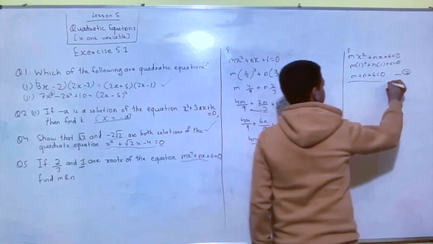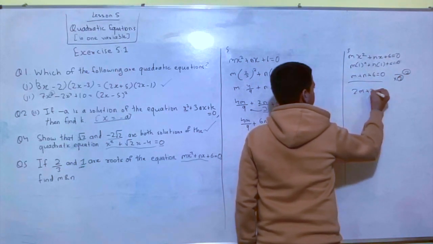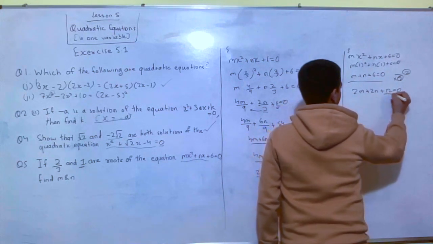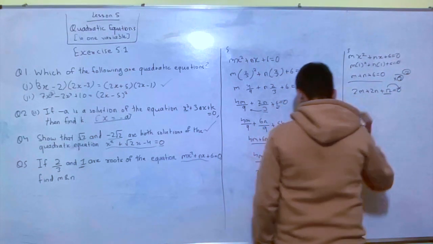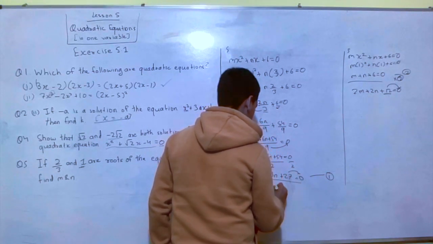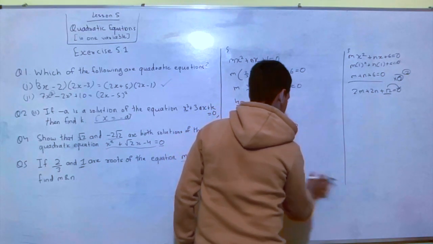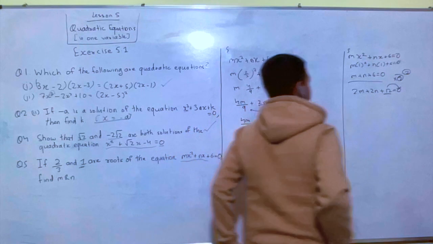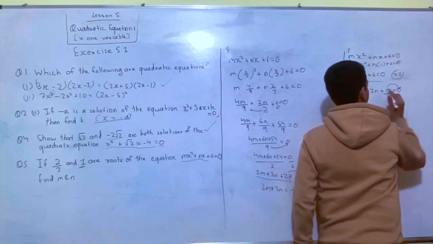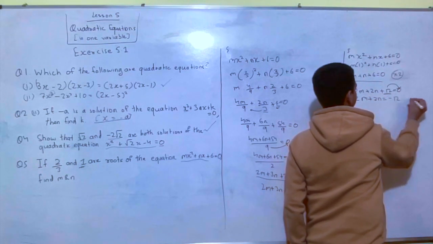So here I am going to multiply this by 2 and I'll get 2m plus 2n plus 12 is equals to 0, and I'll also take this to the other side. For here also I'll take this to the other side, and I will get 2m plus 3n is equals to minus 27. And here I'm going to do the same thing. 2m plus 2n is equals to minus 12.